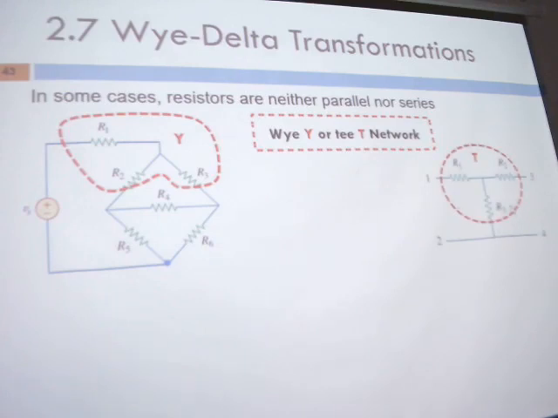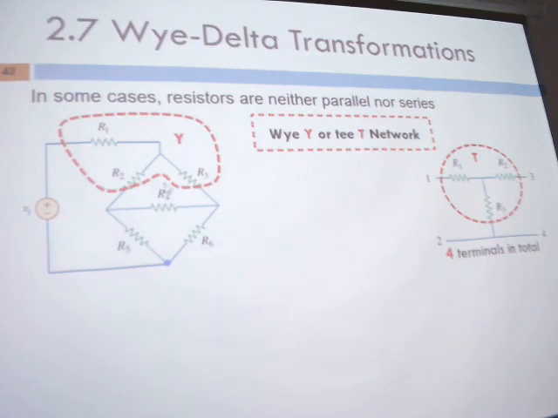T connection is like this. It's a big T, right? And this one is the inverse Y. This one is inverse Y, and this one is the T, big T.